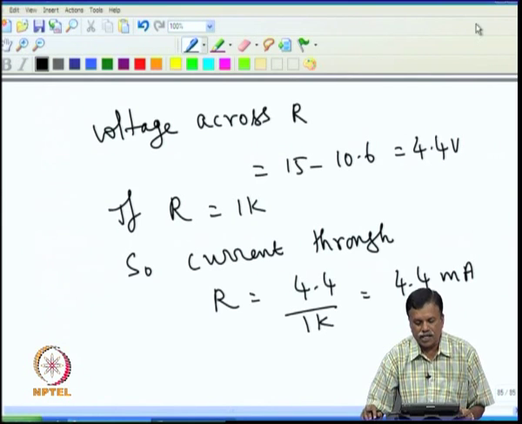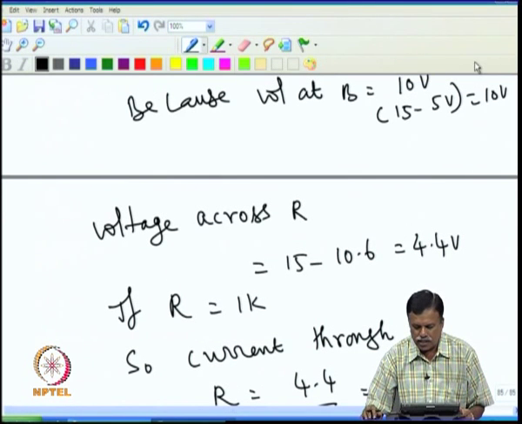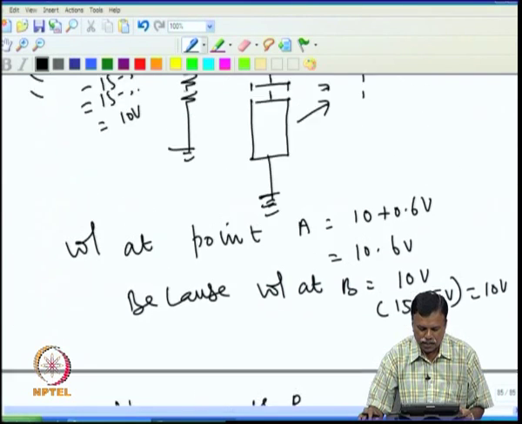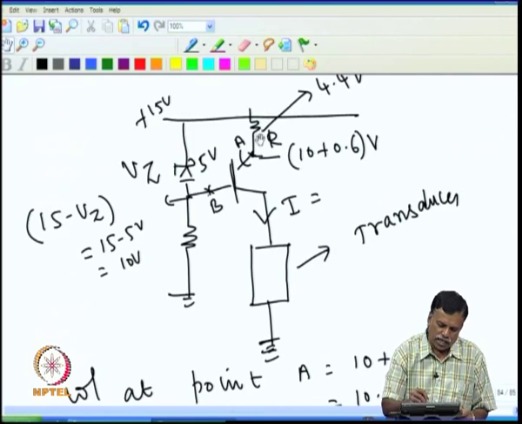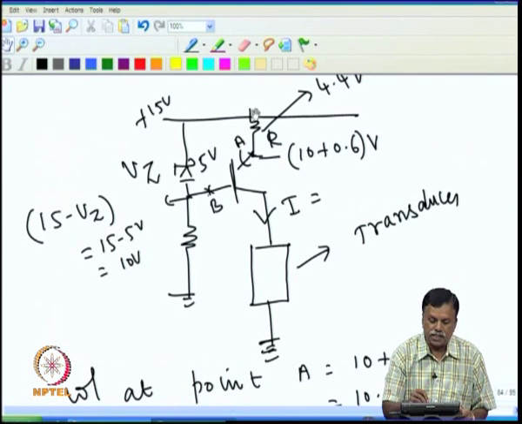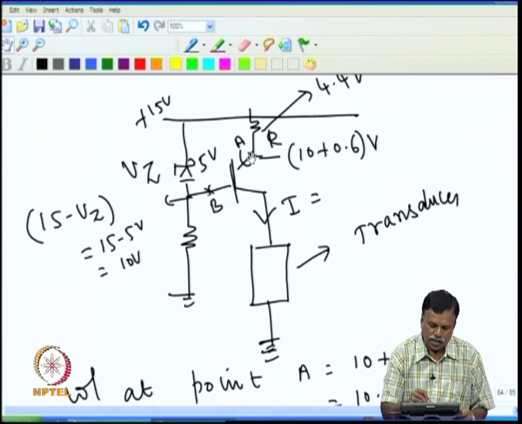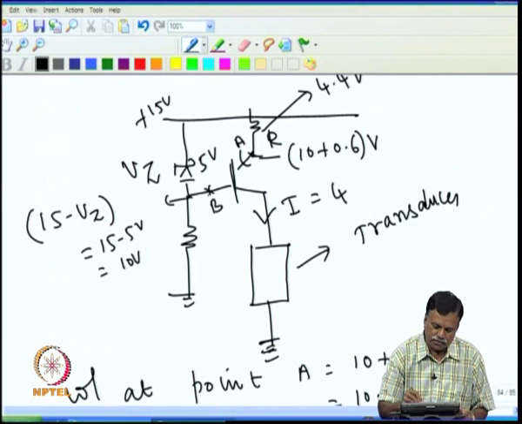So, effectively it is a constant current source, and the current flowing through this is 4.4 milliampere, because I had taken this resistance as 1 K. That current entirely flows through the transducer, assuming the base current is negligible. So, the current I will be effectively 4.4 milliampere.